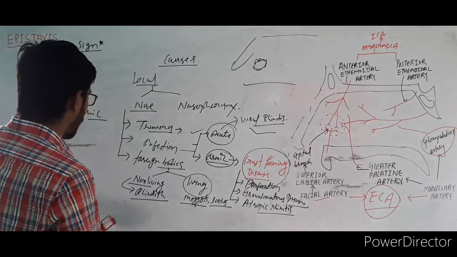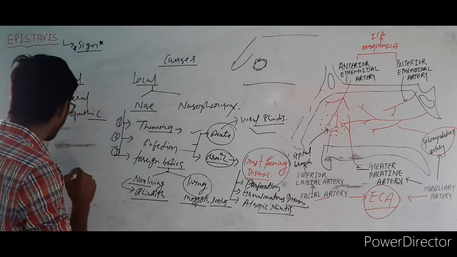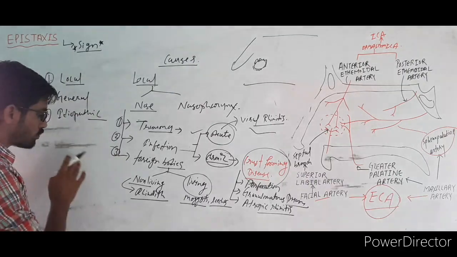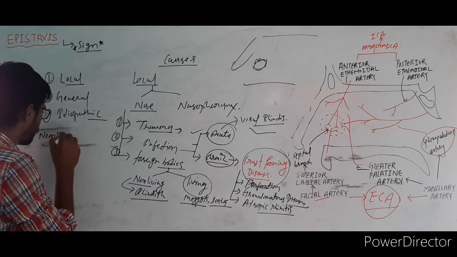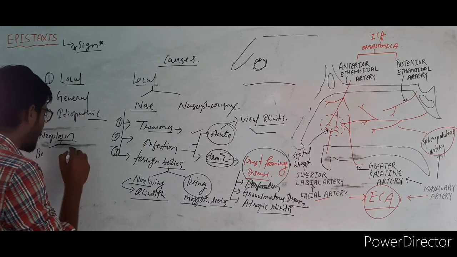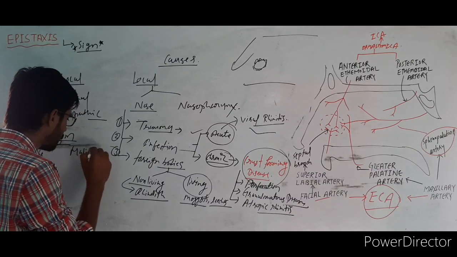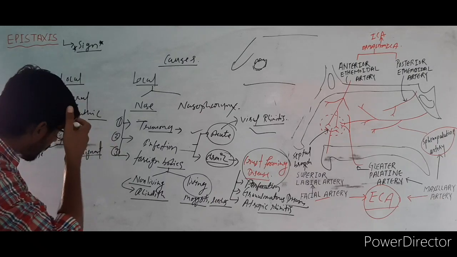So one thing we have seen is trauma, second is infection, third is the foreign body. Fourth thing I want to write here is any neoplasm. It can be benign or malignant.